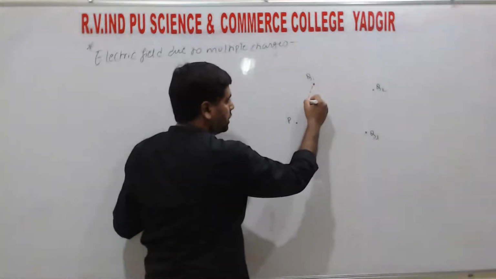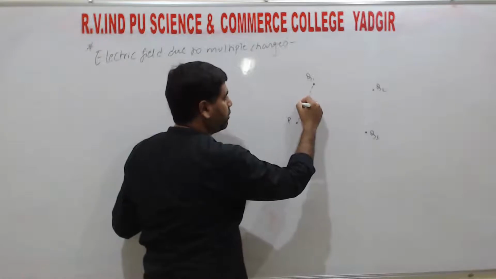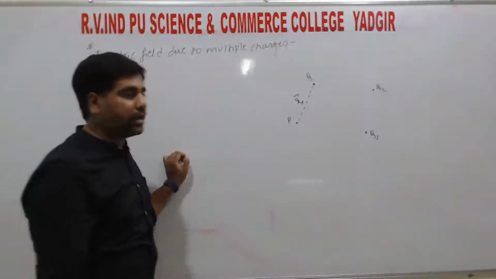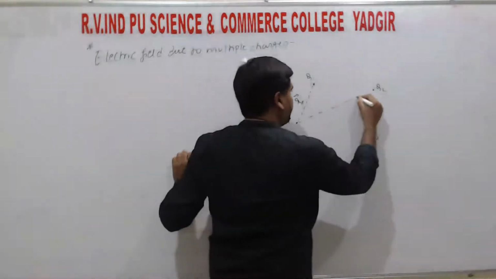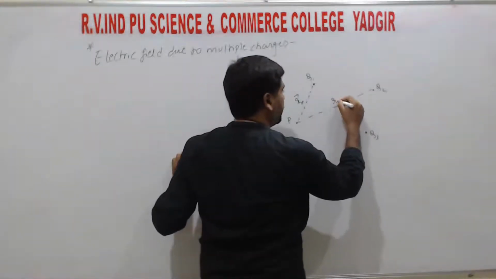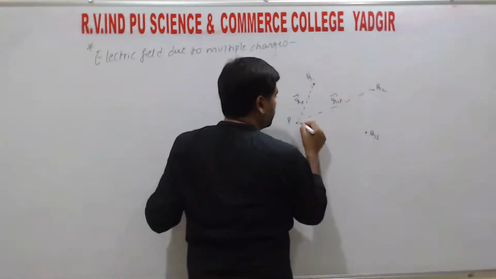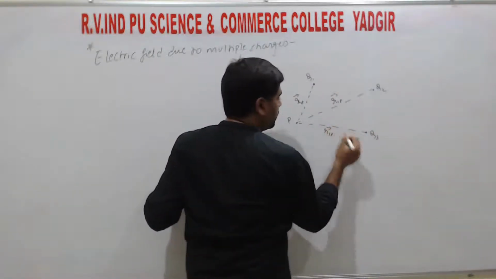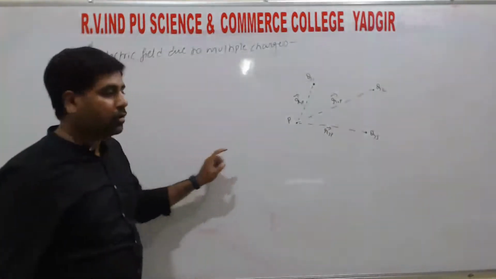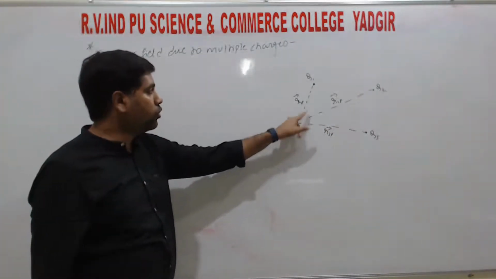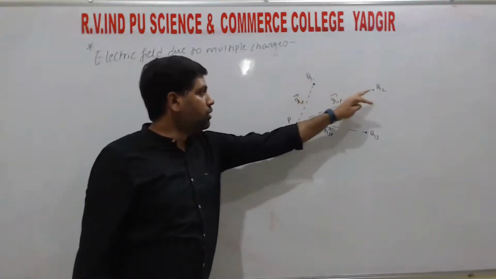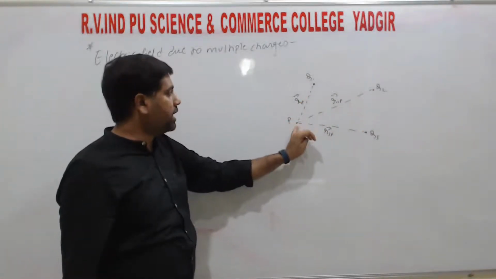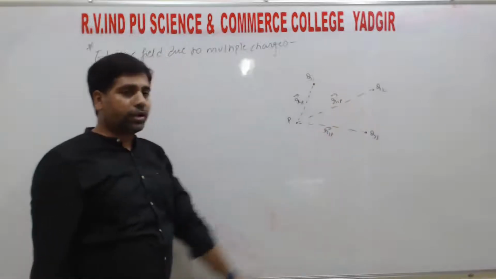So the distance from Q1 to P, we take as R1P, that is the displacement vector. Similarly, from Q2 it is R2P. In the same case, R3P, right? So it exerts force by Q1, Q2 and Q3 in the same manner. It experiences the electric field due to Q1, Q2, Q3, right?